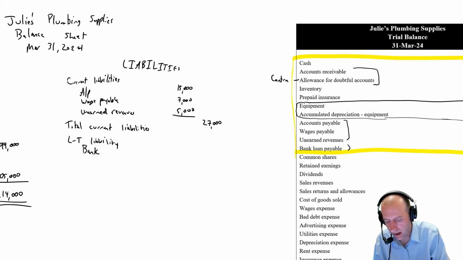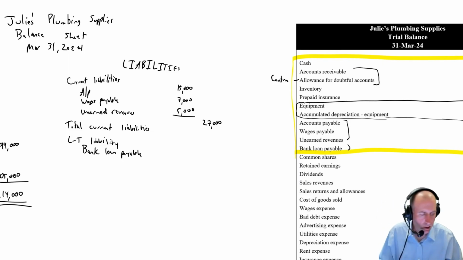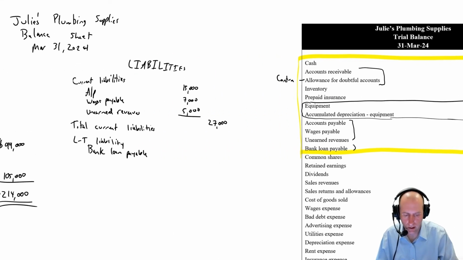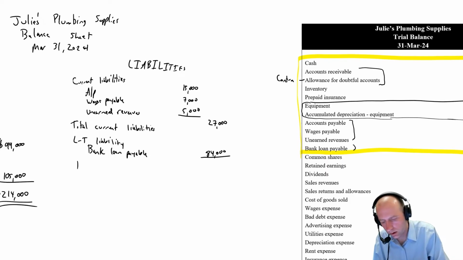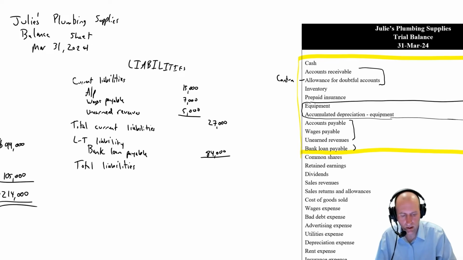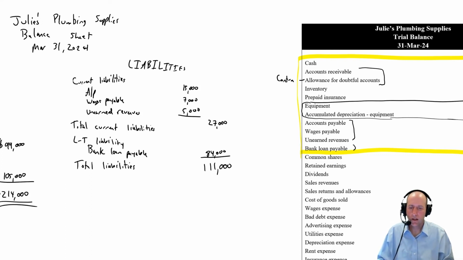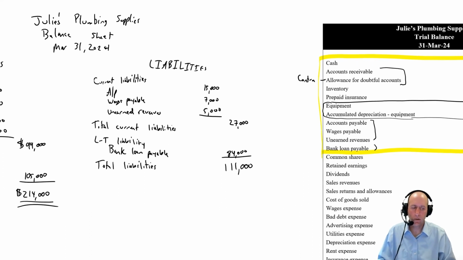It is a bank loan payable, and the amount here is 84 grand. So the total liabilities, 27 plus 84, is $111,000.